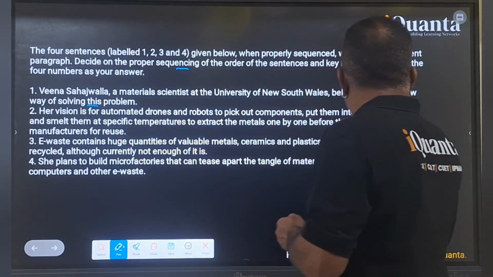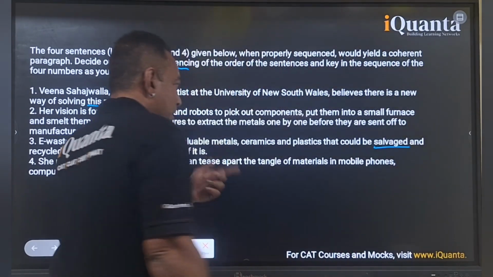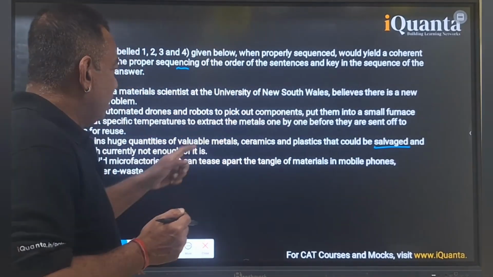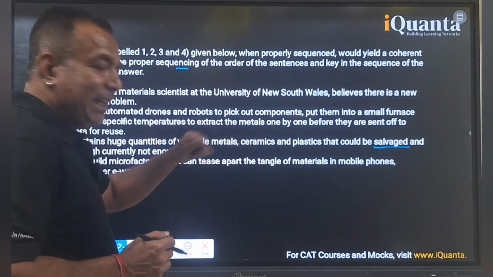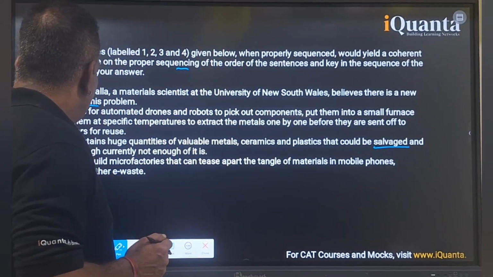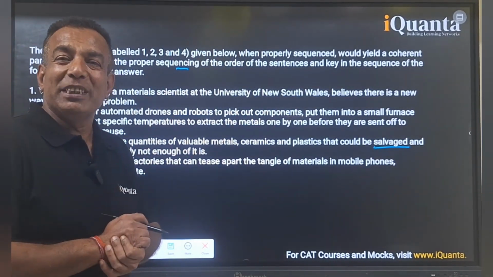So salvaged means that it can be saved from destruction. So ceramics, plastics and metals can be salvaged and recycled, although currently not enough of it is. That means we are not doing enough recycling.